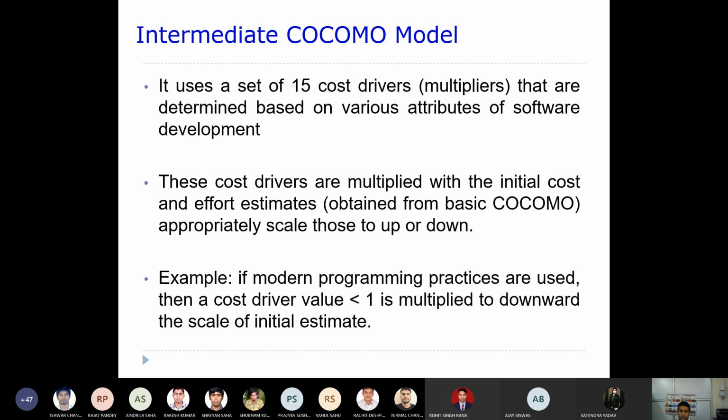You will be able to reuse the code properly because of inheritance and the other features of object-oriented programming languages. As a result, some effort will be reduced. So these estimates are scaled up or down by multiplying a cost factor, and there are 15 cost factors considered by the intermediate COCOMO model, which you will be multiplying.